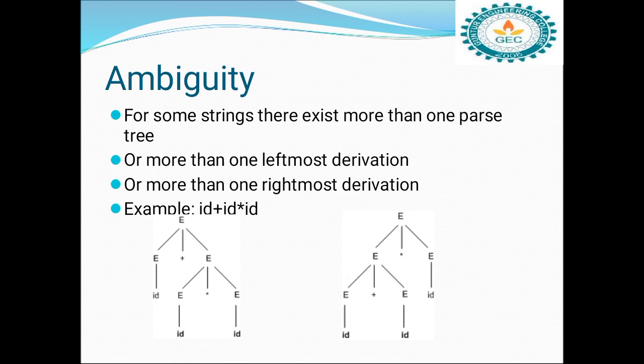These two parse trees are accepted for the given expression, id plus id into id. So this is an example: the expression is accepted in two parse trees, so this is an ambiguous grammar. Ambiguous grammar means producing two or more parse trees.